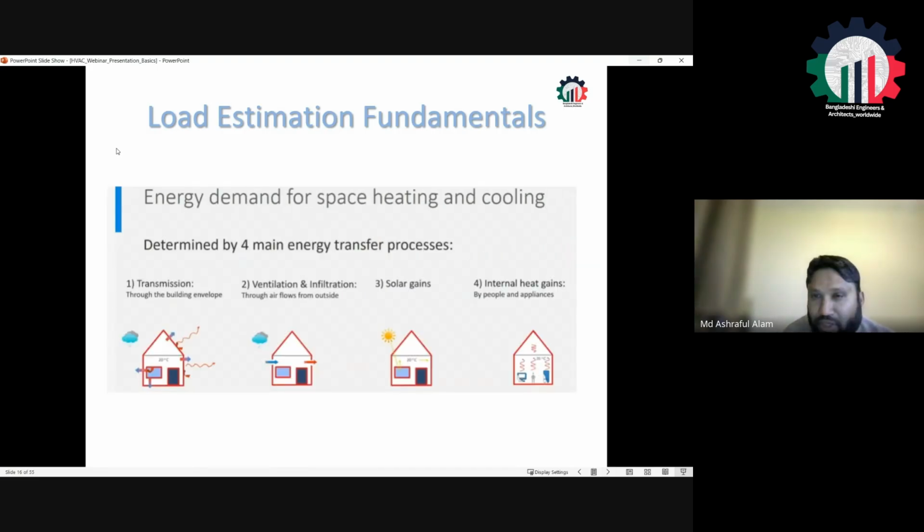So in air conditioning, as we said, the question is how to deal with that heat. When we are dealing with heat, we have 4 types of parameters. The first one is transmission, which happens through the building envelope. We can see the building here. The heat is moving out because the indoor temperature is 20 degrees centigrade.